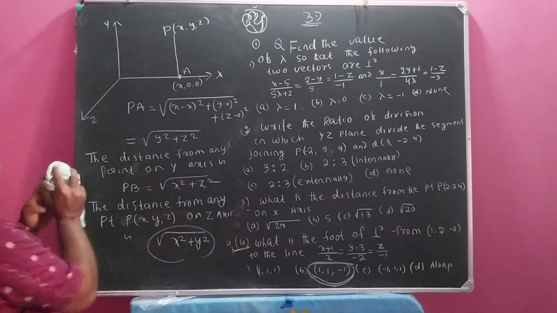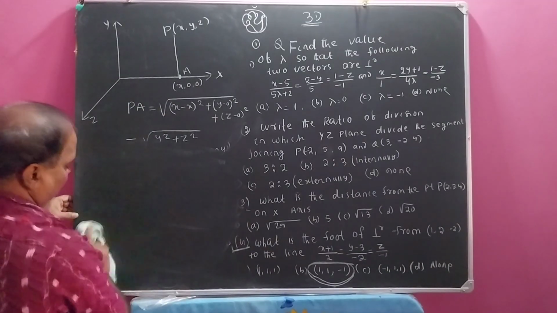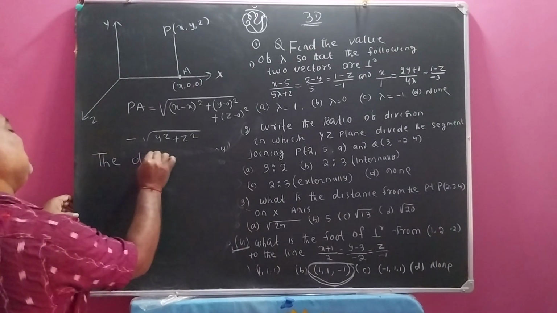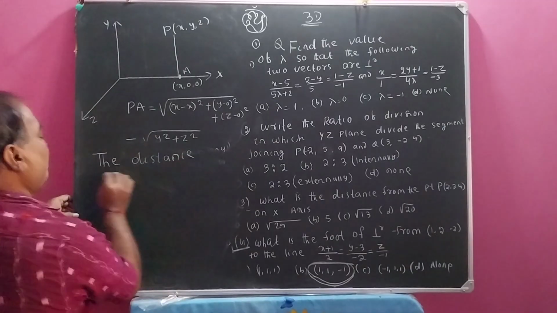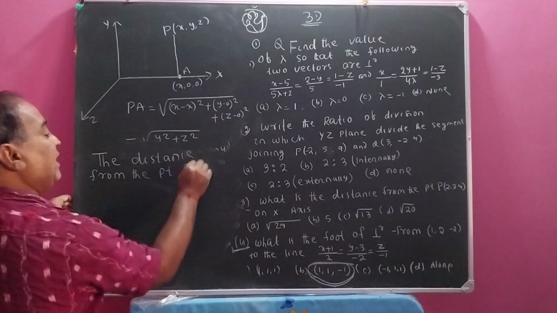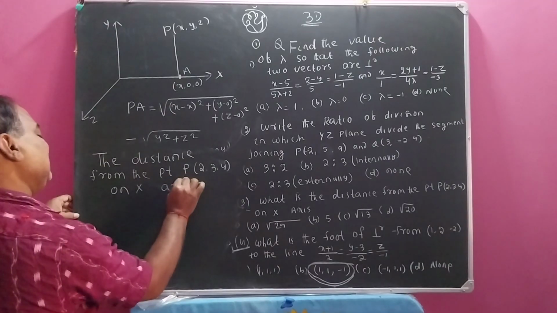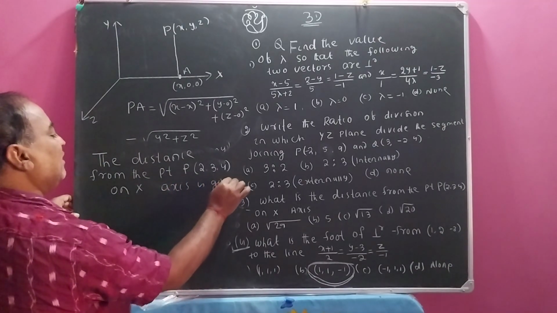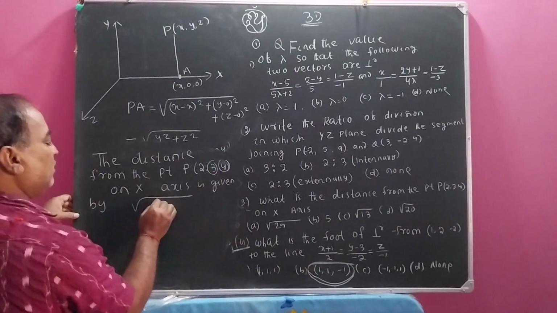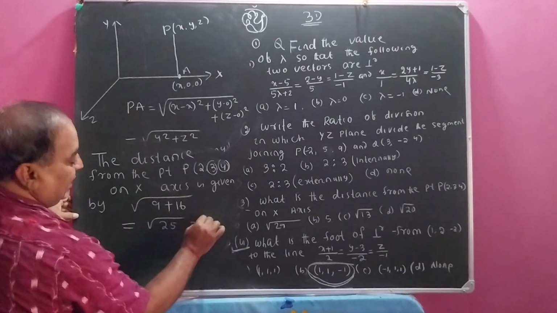The distance from the point P(2, 3, 4) on the x-axis is given by root of y square plus z square, root over 9 plus 16, that is root over 25, then it is 5.